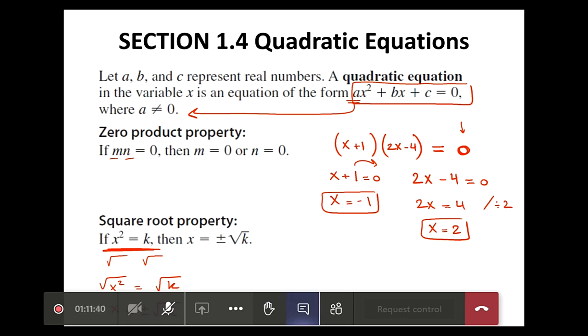For example, if we have x square minus 4 equals 0. Now move the negative 4, we have x square equals 4. After taking the radical, x equals what? What's the radical 4? Radical 4 is 2. But we have positive negative. Why? Because we take the radical of x square.